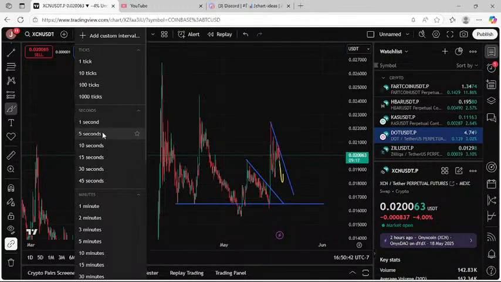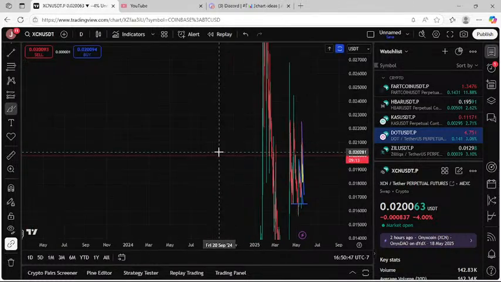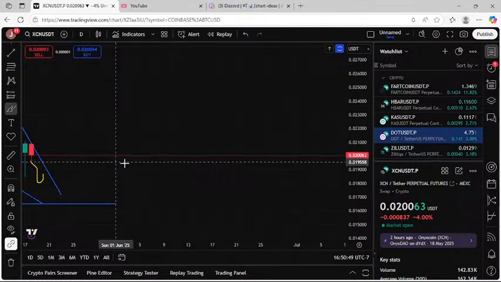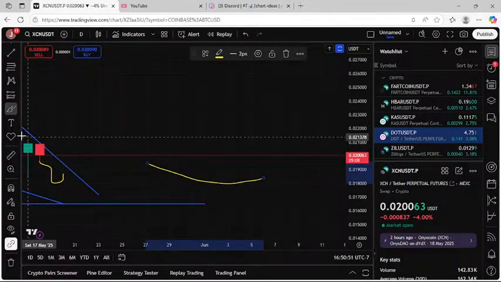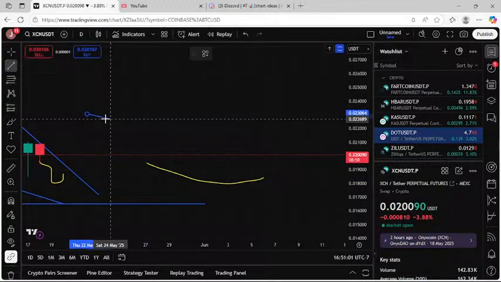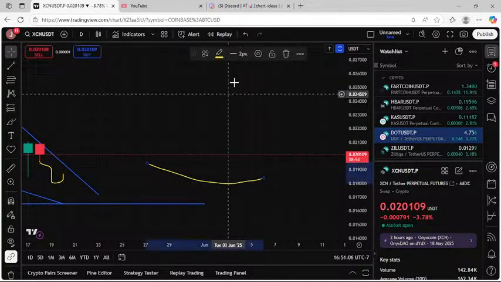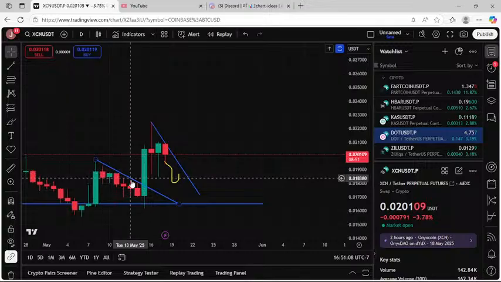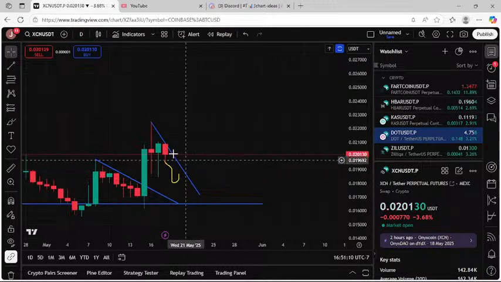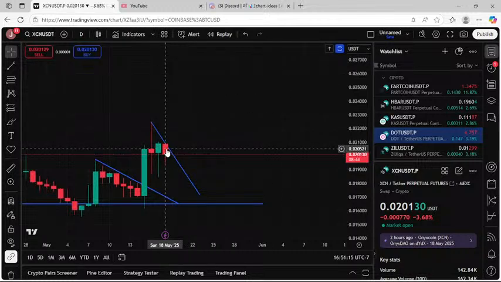So let's break it down to the day here. I almost feel like the range that you're in could be the issue. It's in the downtrend right now.